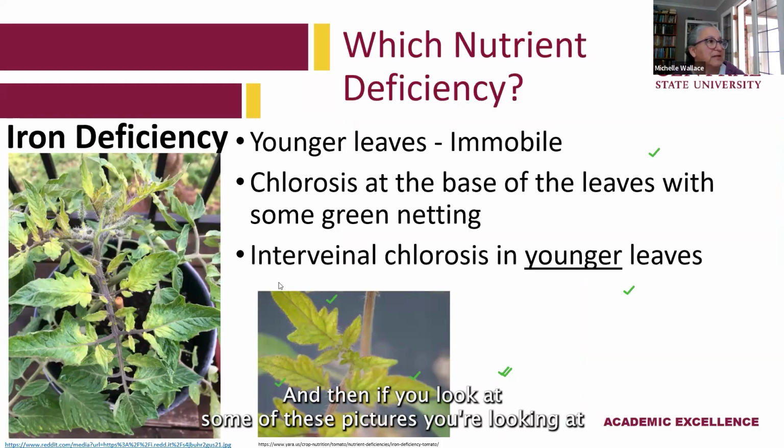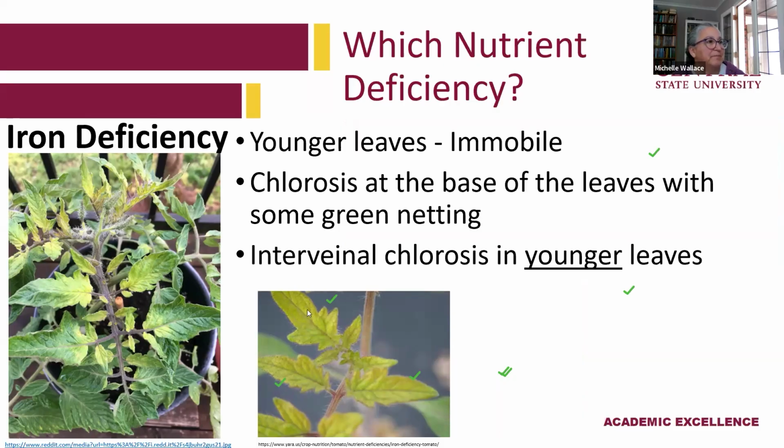And then if you look at some of these pictures, you can see the midribs and the yellowing around them. So to solve this, you want to flip your key to the immobile nutrient key, which is used for the younger leaves.